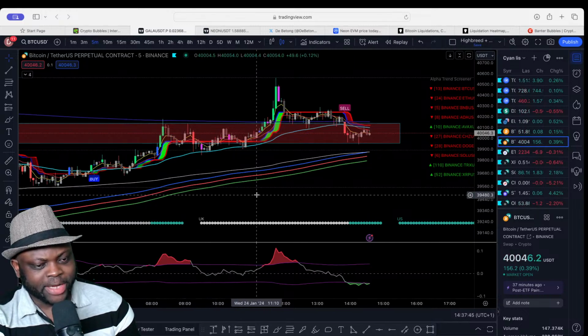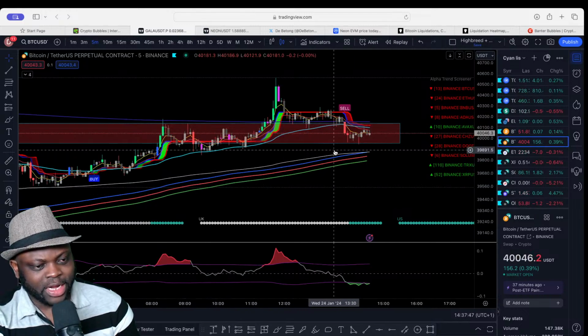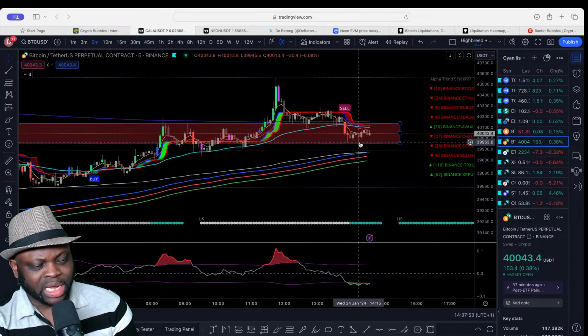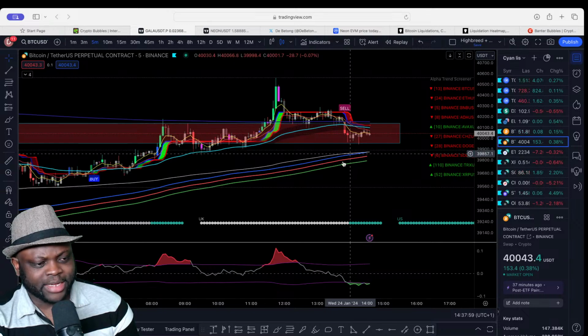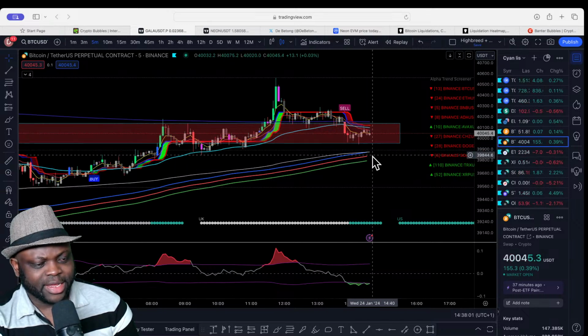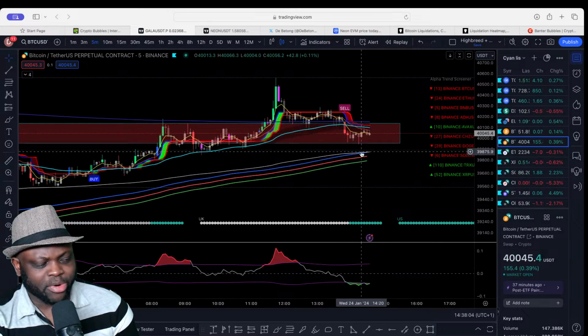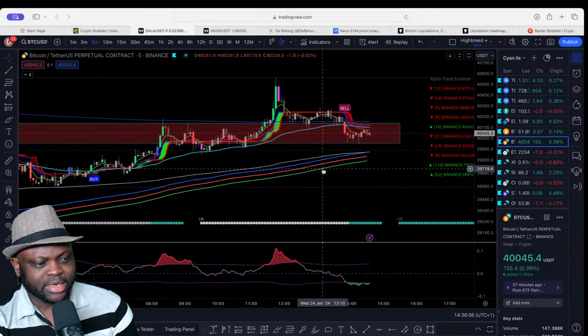Now, I mentioned that around the 39,000 price area we can see a bounce back. But looking at the 5 minute time frame, we have already printed a sell signal here, and price is still above the 200-day moving average and the support and resistance zone.